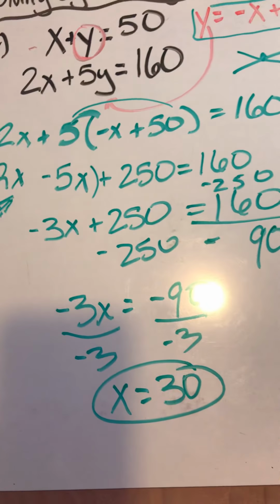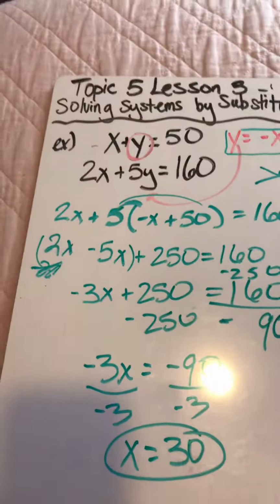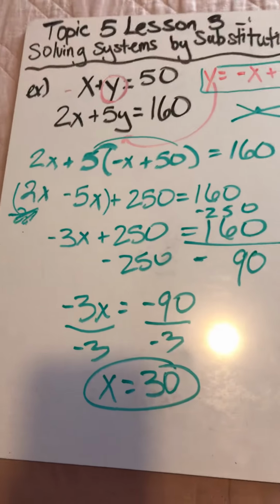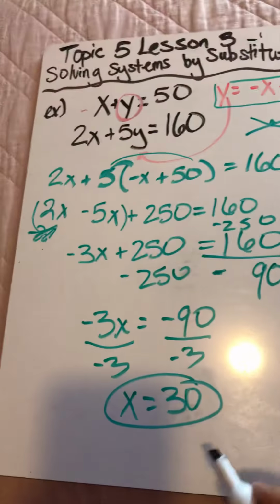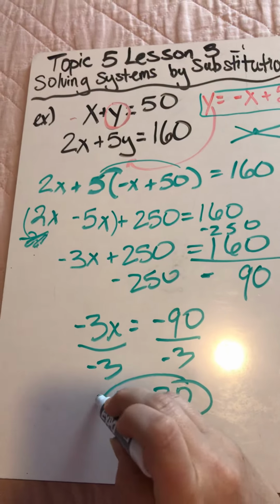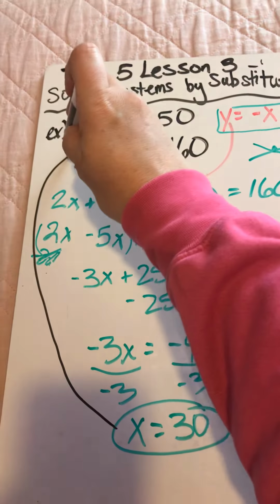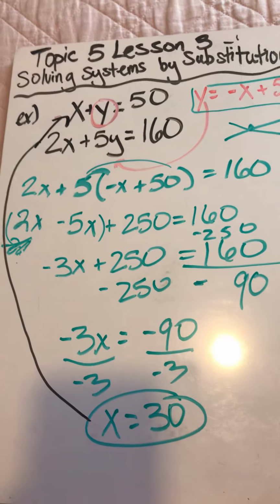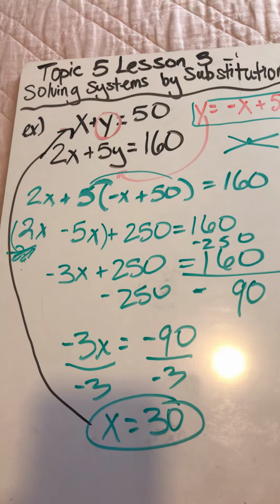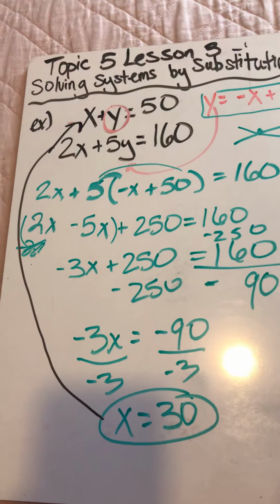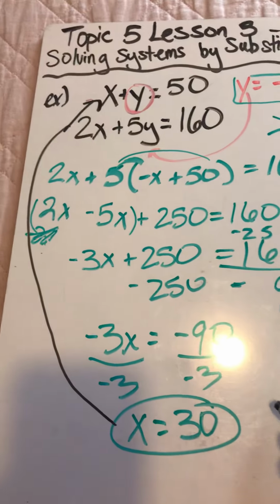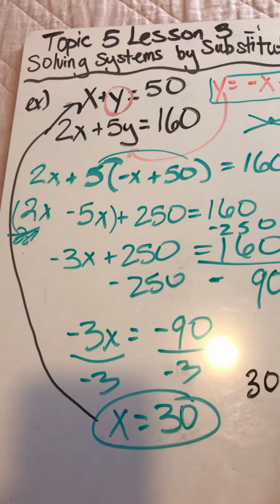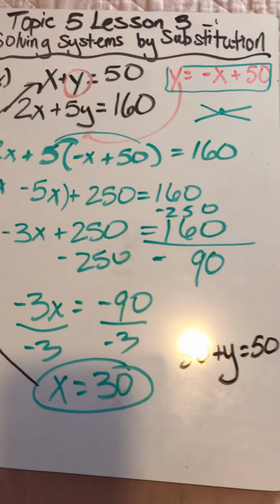Now we need to solve for our y, okay? So now we plug in our x that we found down here, plug it in all the way up here into our x. We put in our 30 plus y equals 50.